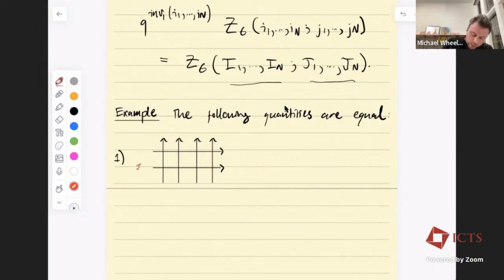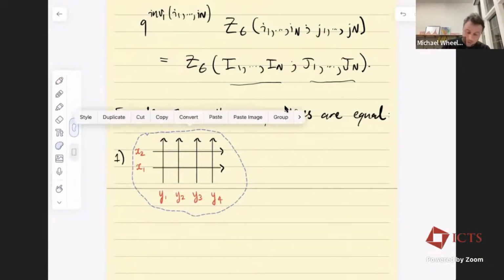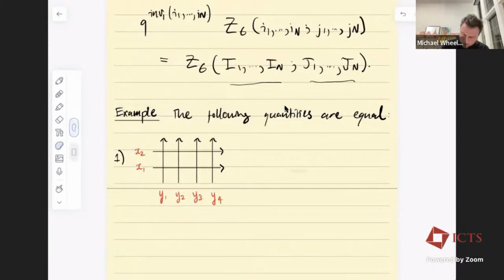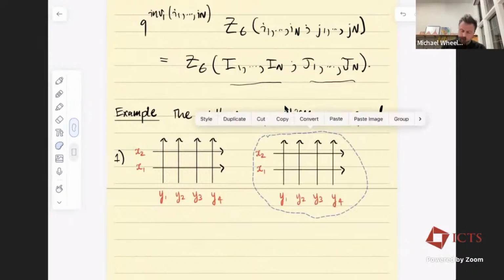I will agree that the horizontal lines here will be x1 and x2, and the vertical lines will be y1, y2, y3, and y4. This is the quantity that we're going to use, and I'm going to need 4 copies, even 5 copies of it. So let me do that now.